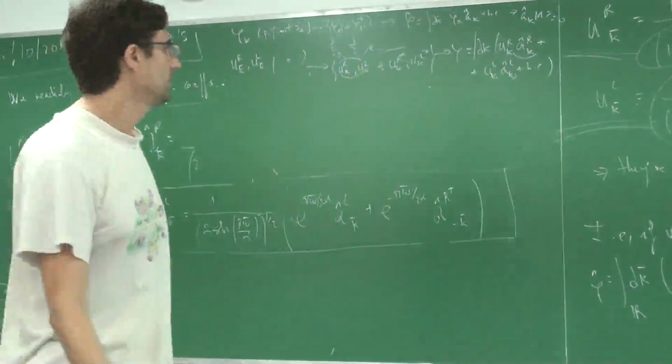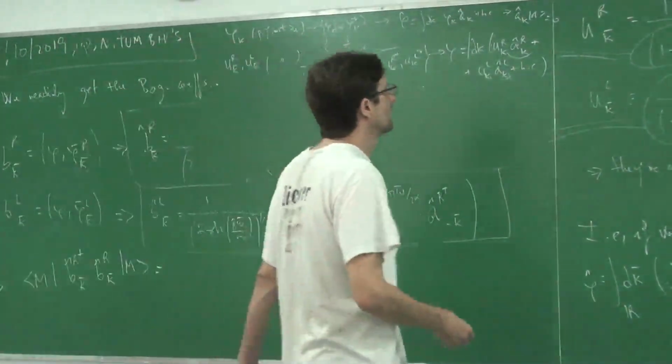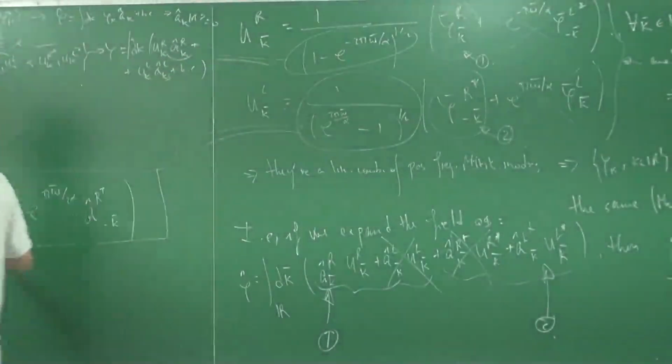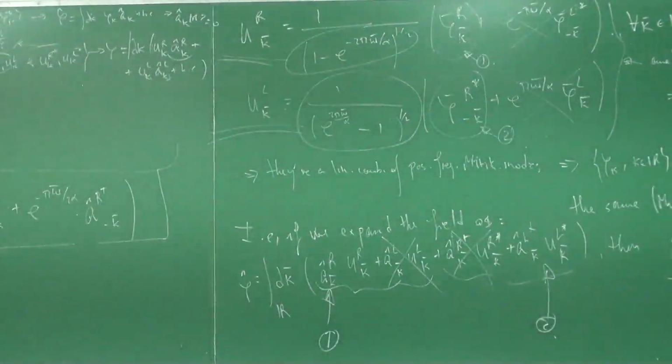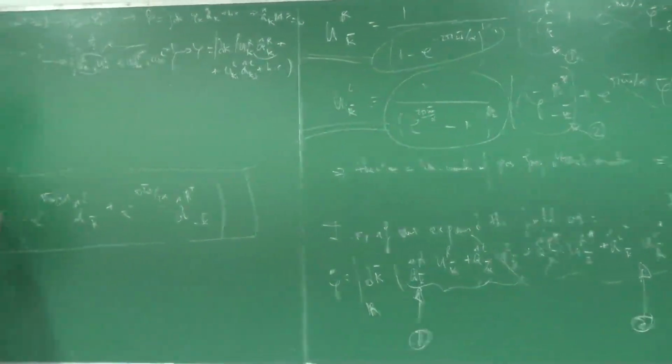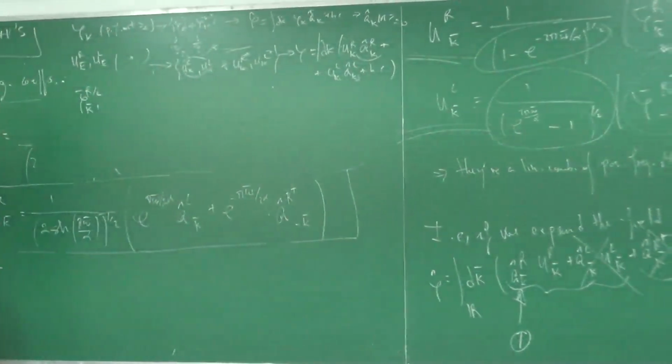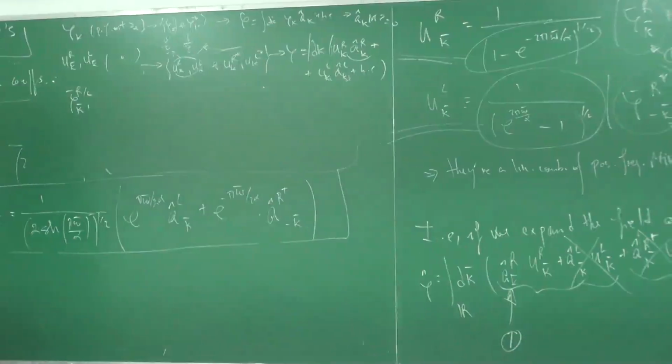And now you do it with these, which we've called phi bar R, A bar, and the left. Now these are not positive frequency with respect to d/dt.